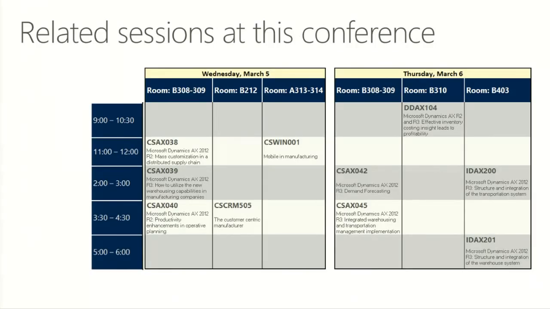We'll also have how manufacturers can use the new warehouse management functionality, and several different sessions on each one of those areas that a manufacturer can really leverage. So I encourage you, look at your schedule, take advantage of this. Some of these dates and times may be a little bit off, so I would encourage you to come back and check that, but this is what we had as of our latest information.